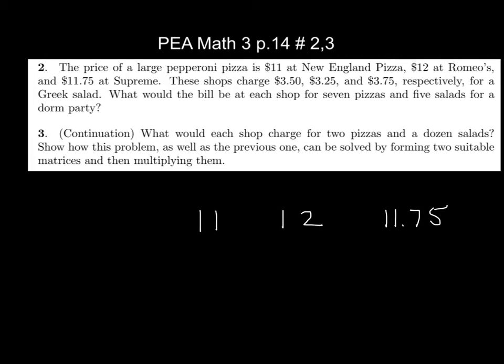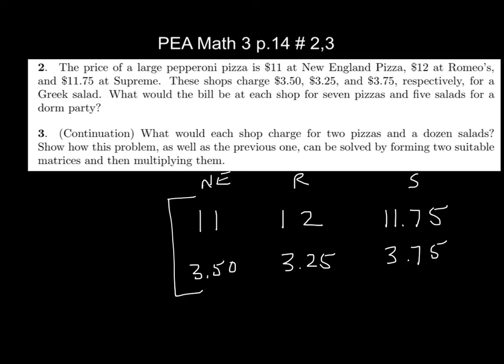Okay, that is New England Pizza, Romeo's, and Supreme. Now, what's the cost for a New England salad? $3.50. So I'm going to put that under the New England column. What about for the Romeo salad? And for the Supreme salad? Okay, so I just built a matrix right there.